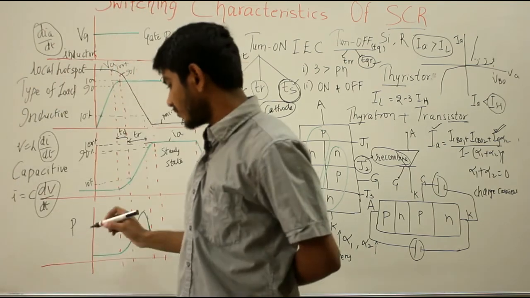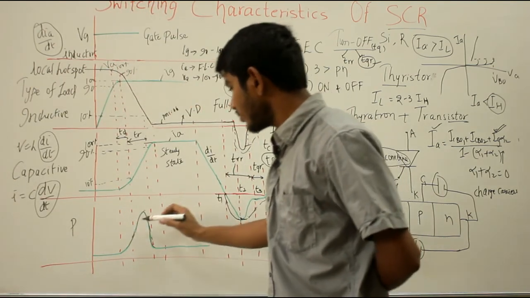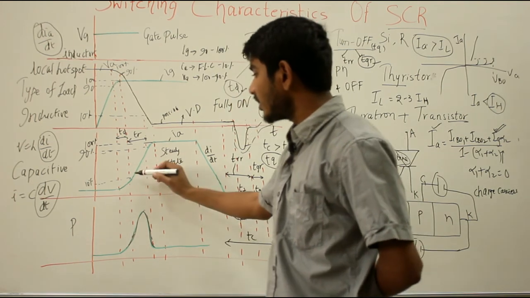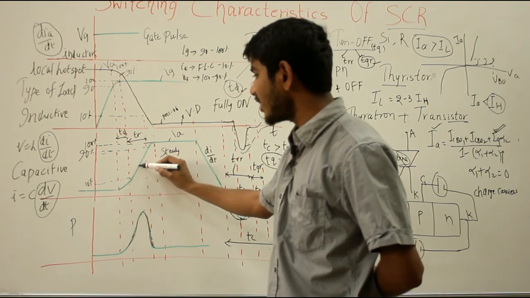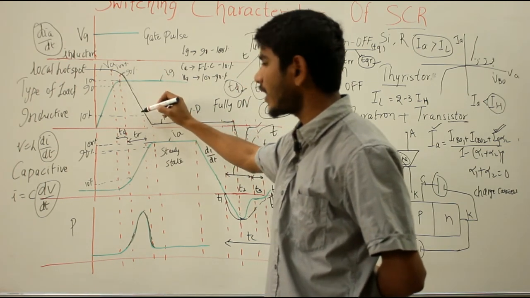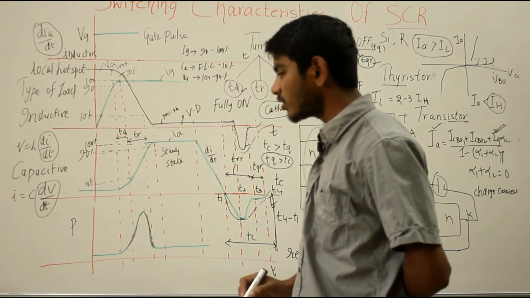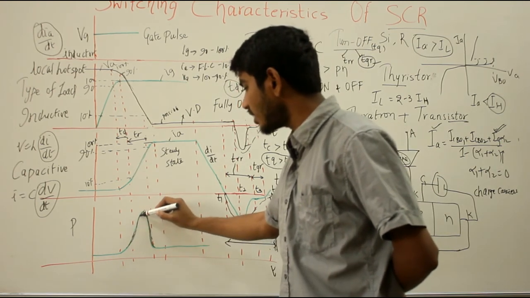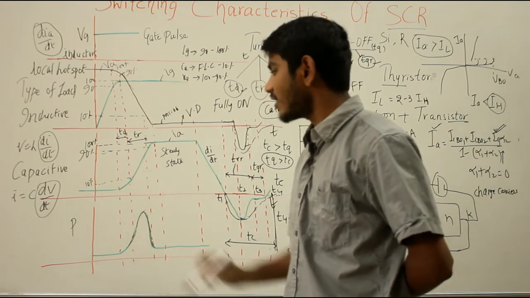Speaking of the power loss, the power loss will be the maximum in the rise time, because in the rise time you are having a high amount of current coinciding with a high amount of anode voltage. So this gives rise to a large power loss in the SCR.